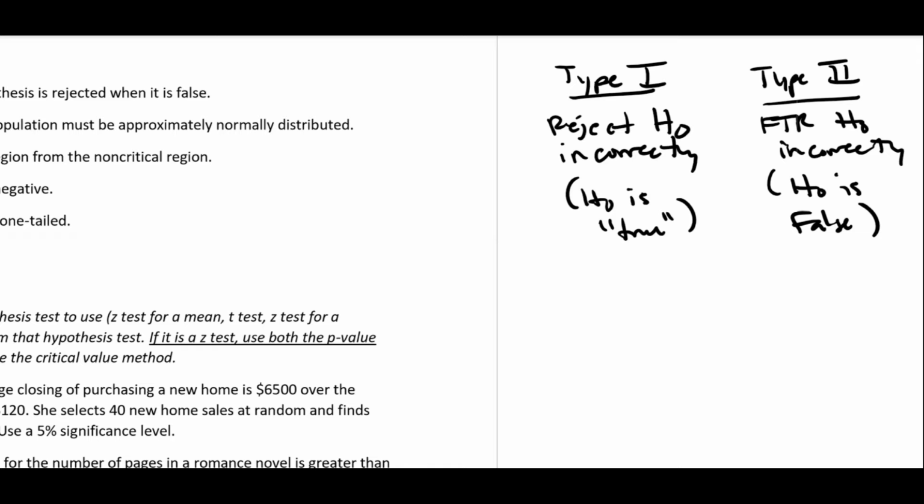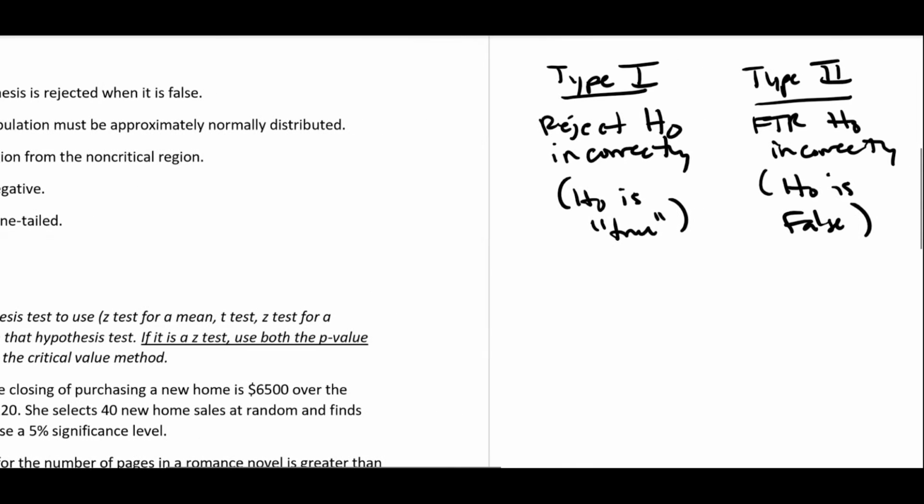Remember that the type 1 error is given by alpha, which is your level of significance, and your type 2 error is given by beta. I quickly mentioned that in 5.1 or 8.1. The type 1 error is given by alpha, which you have to choose in step 2 of your test.